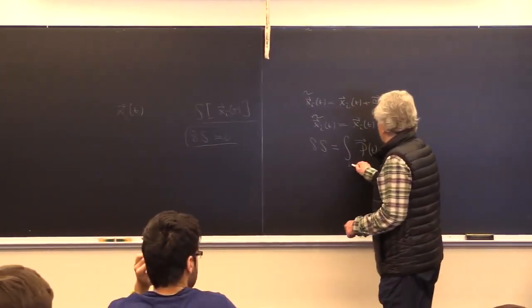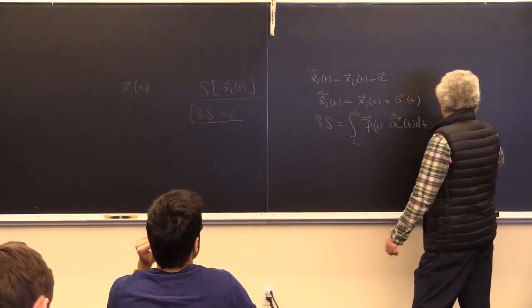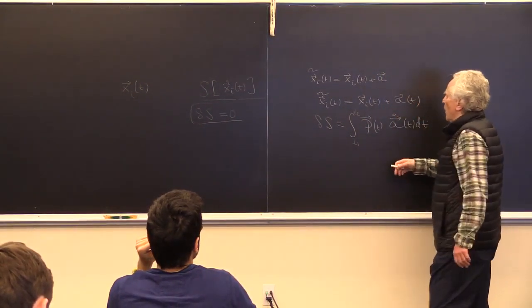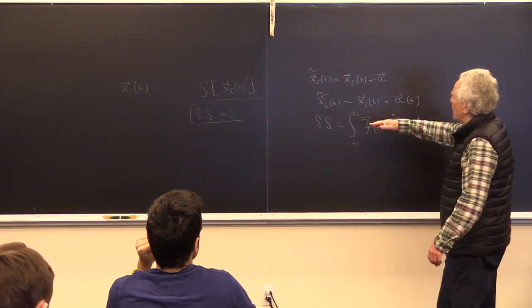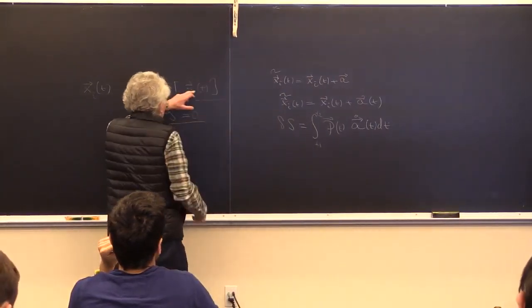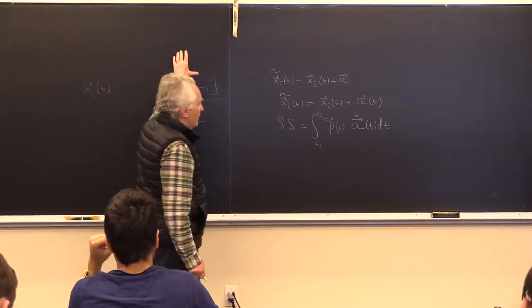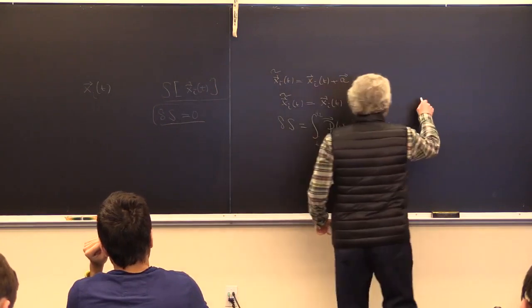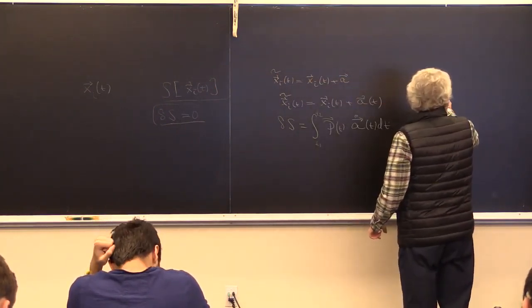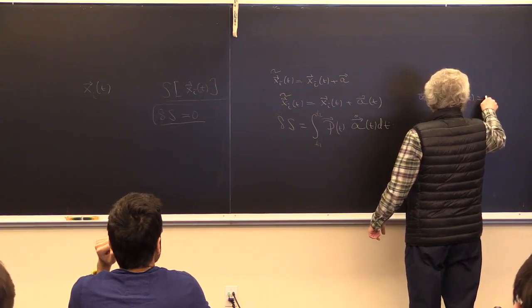We integrate from t1 to t2. Since when we derive the equations of motion, we always fix initial and final points, a of t2 and a of t1 we take to be 0.